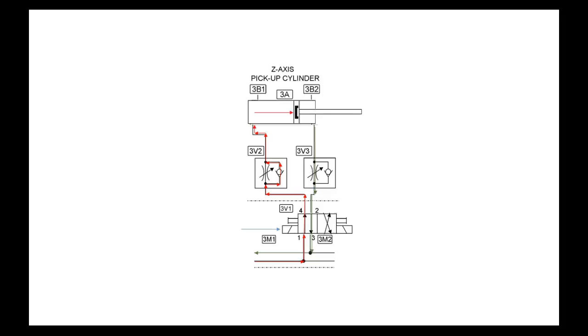So what causes that to not go through the flow control? Because it takes the path of least resistance. So once that check valve opens, you've got practically zero opposition. It's like a short circuit. If I put a wire around a 100 ohm resistor, how much current is going to go through the 100 ohm resistor?